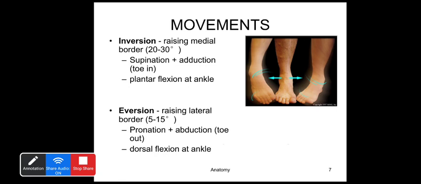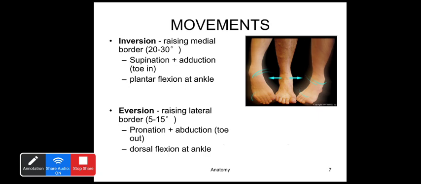So if you raise the lateral border, simultaneously there is a combination of these movements, mainly the movements of the forefoot: pronation of the forefoot and also the abduction of the forefoot, followed by the dorsiflexion at the ankle. So that's about the eversion.